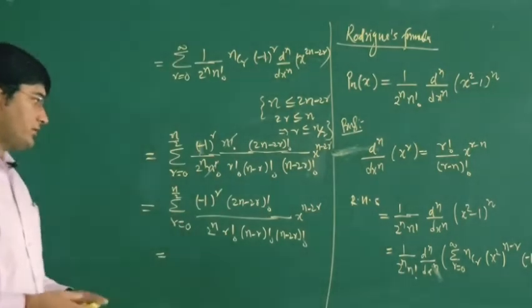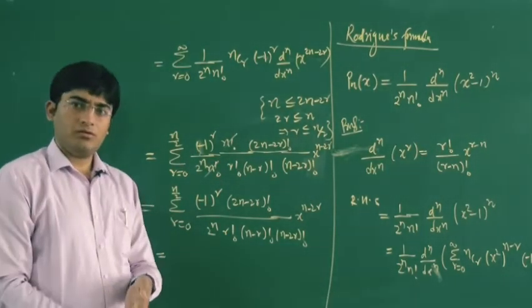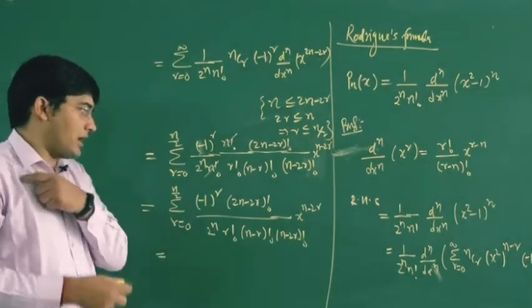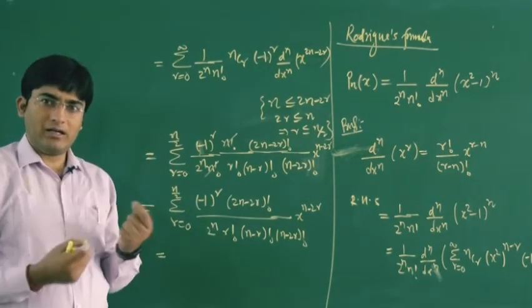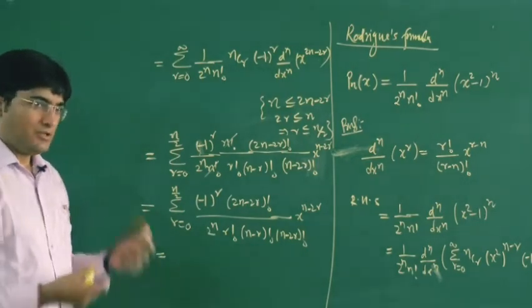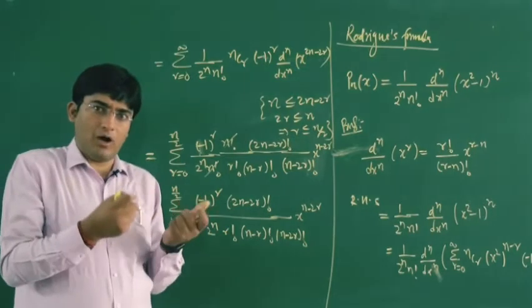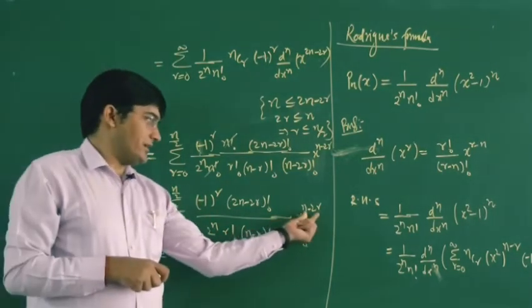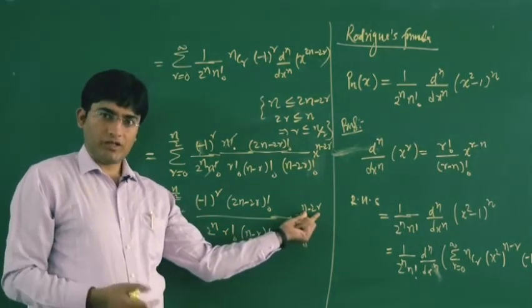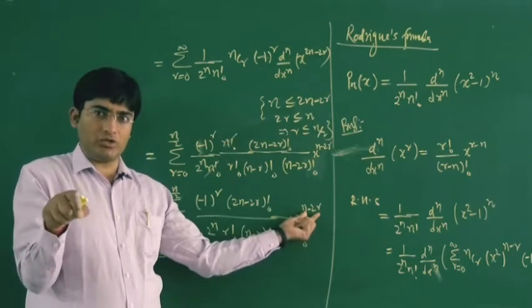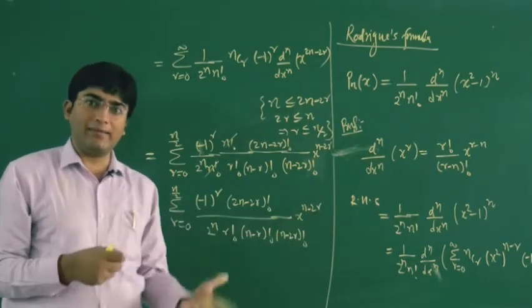Again, please note that as in Legendre polynomial, our last coefficient will be either a0 or a1. For a0, we will have the power of x at 0. So in that case, this n minus 2r will be 0. If this n minus 2r is equal to 0, then our r will be n by 2.